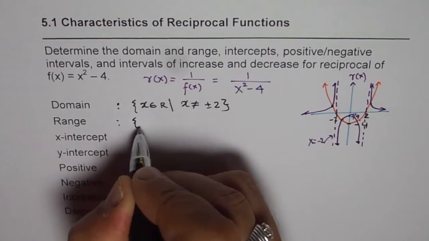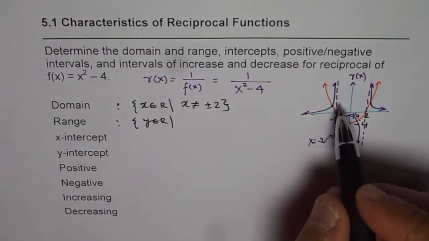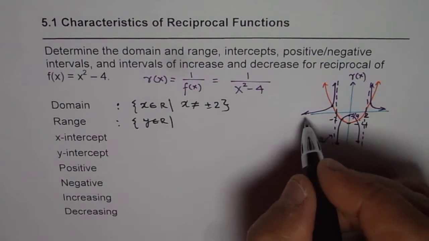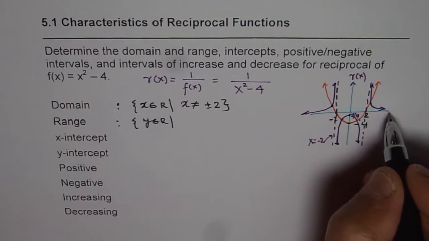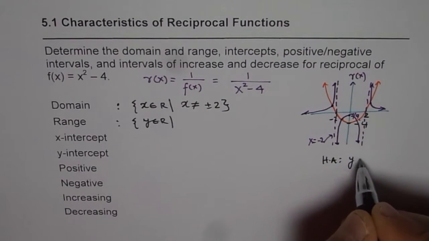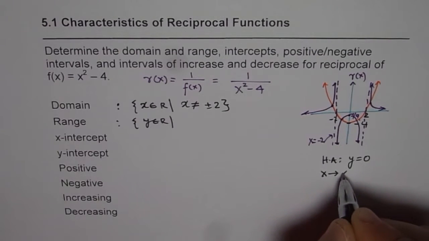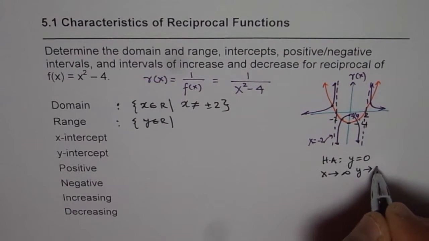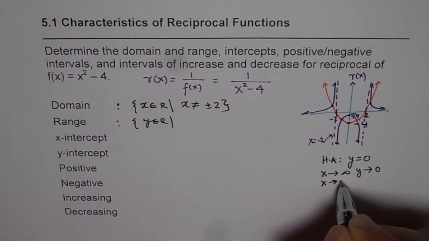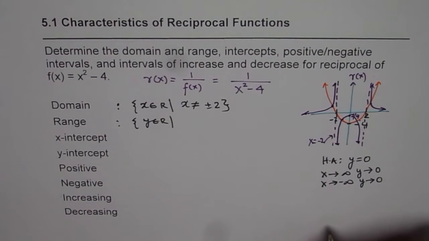Now let's look into range. Range is y belongs to real numbers. You will notice that the function approaches 0. The horizontal asymptote is y equals 0, right? That is to say, as x approaches infinity, y approaches 0. As x approaches minus infinity, y approaches 0. So the horizontal asymptote is 0.